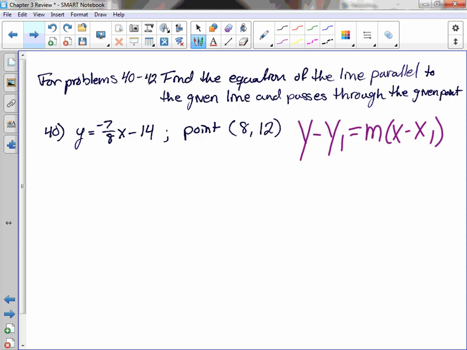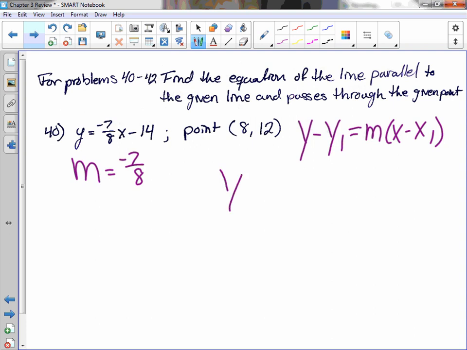And so here, 40 through 42, find the equation of the line parallel to the given line that passes through the given point. So if it's parallel, the new slope would be what? It'd be the same because parallel lines have the same slope.